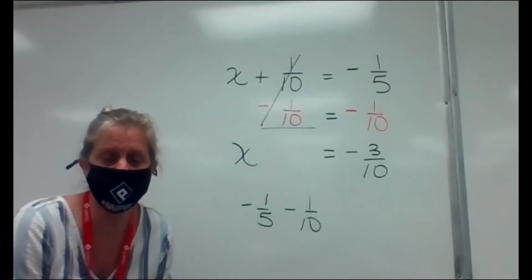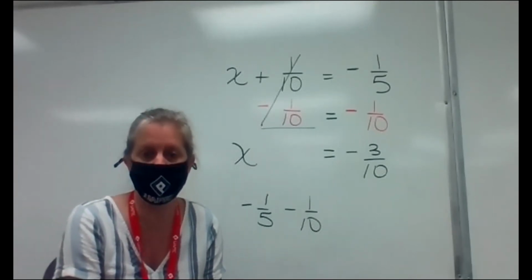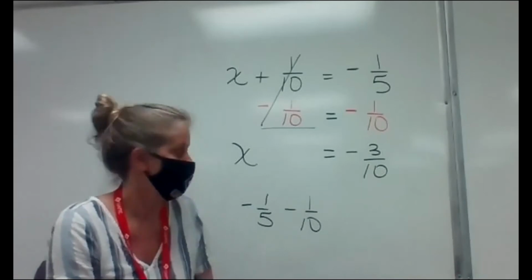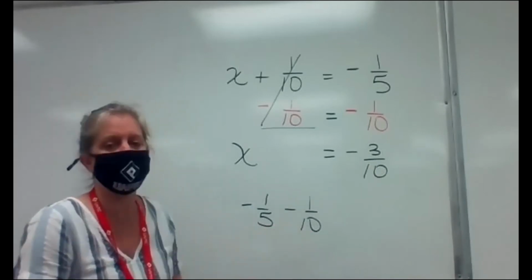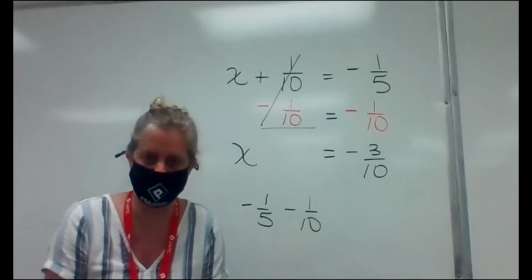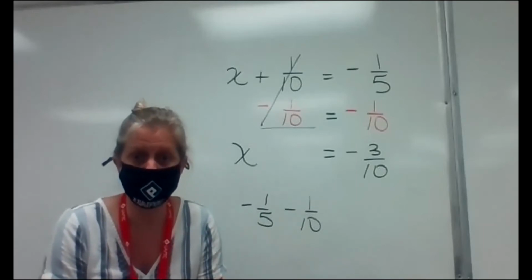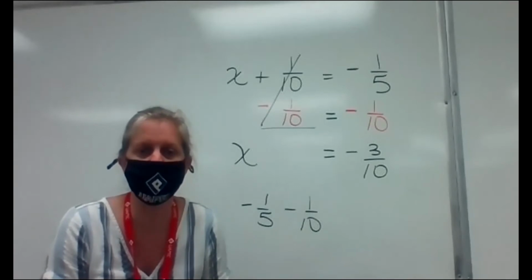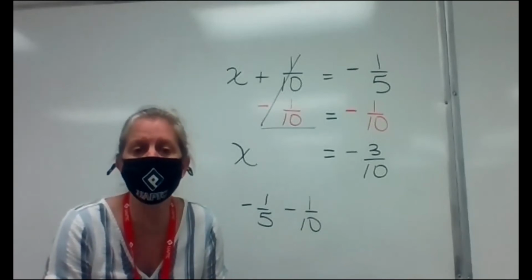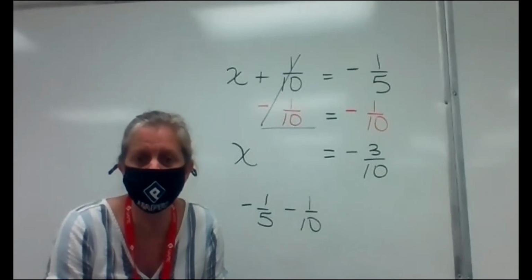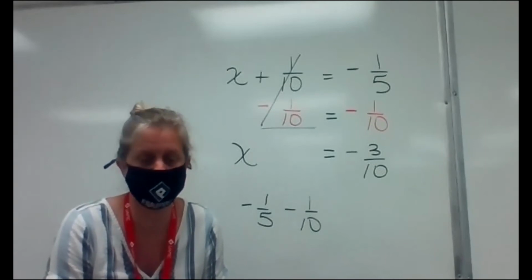So the first thing I have to do is come up with what's called a least common denominator. Here are my denominators, 5 and 10. The smallest thing that both of those numbers go into is a 10, right? 10 goes into 10, and 5 goes into 10. So that tells me I want to turn both of those denominators into 10s.